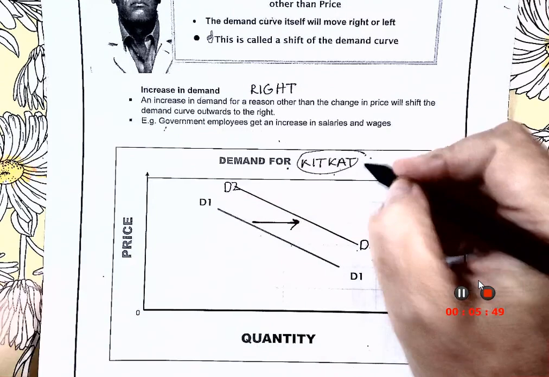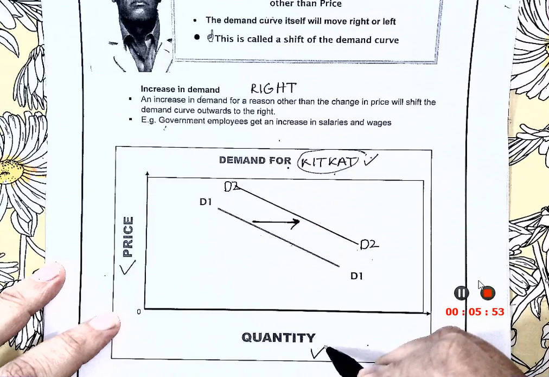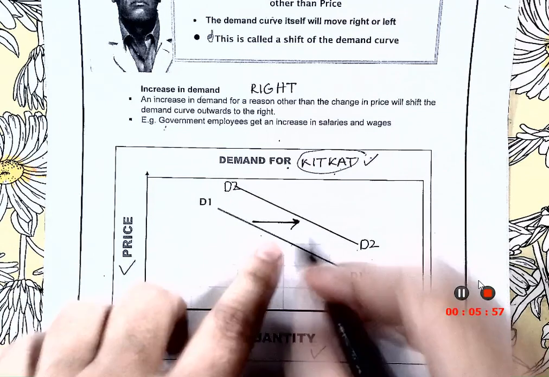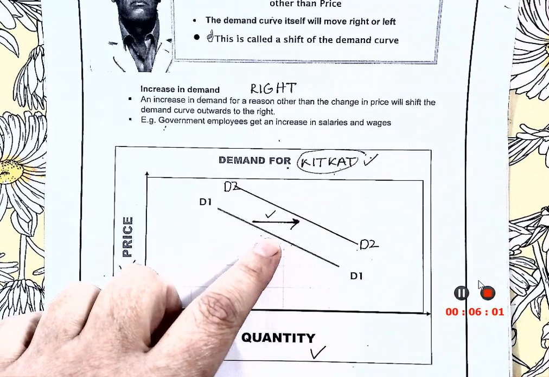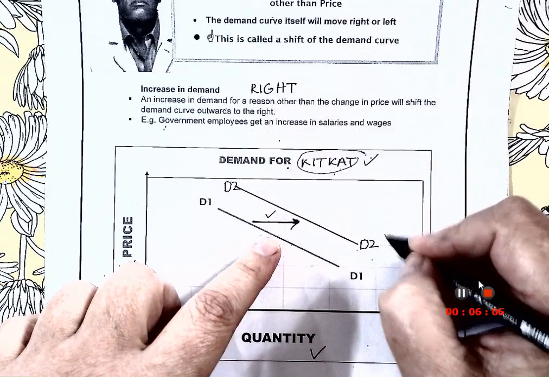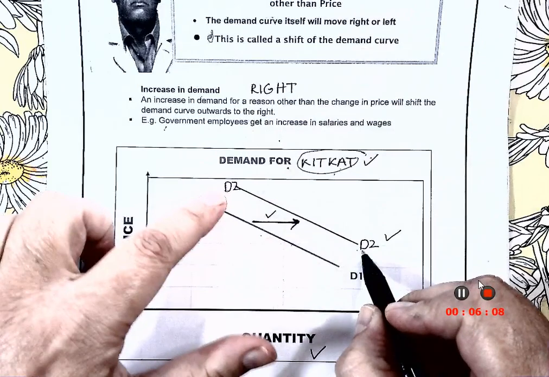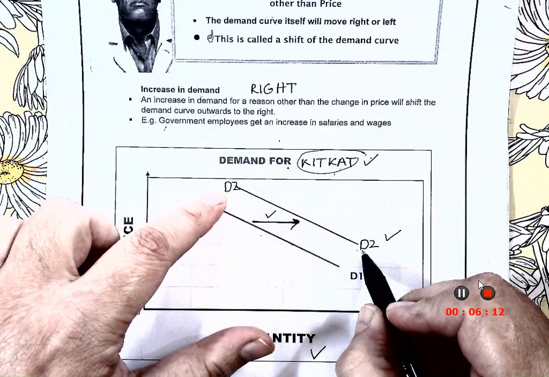So you're going to get a tick for that, a tick for price, a tick for quantity, then a tick for the arrow, and a tick for the whole D2 slope if you named it. It has to be named, otherwise it's just a line.